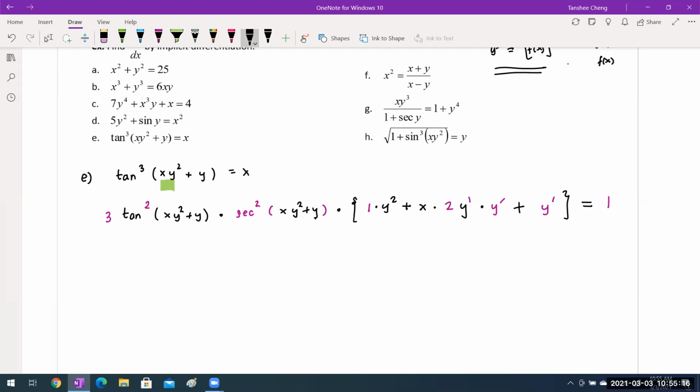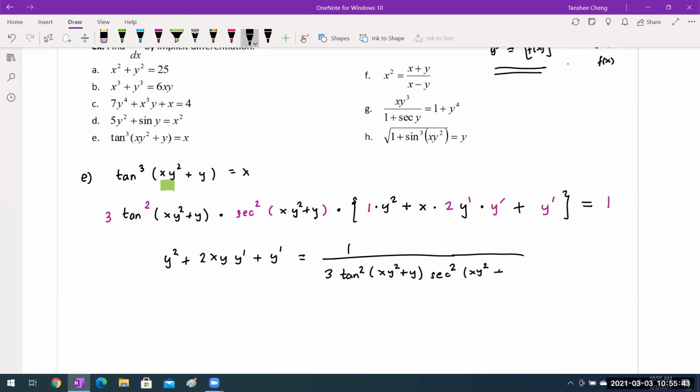So on the left-hand side I will be left with y squared plus 2xy prime plus y prime, equal to 1 over that whole entire factor, 3 times tangent squared of xy squared plus y, times secant squared of xy squared plus y.